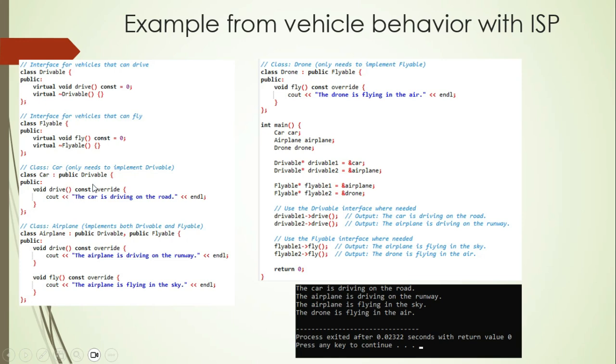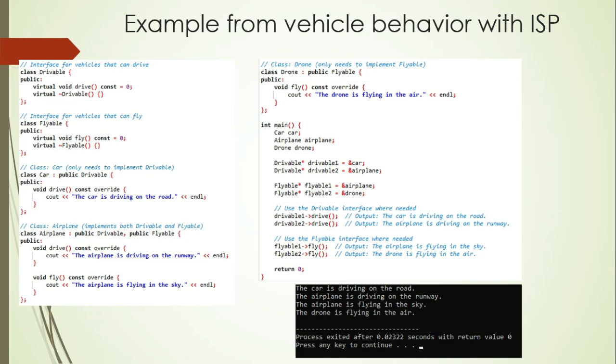So the Car class inherits from Drivable, meaning it must implement the drive method. In void drive const override, the drive method is overridden from Drivable and provides specific behavior for a car driving on the road. And see the cout, the car is driving on the road. This line prints the message when the drive method is called.